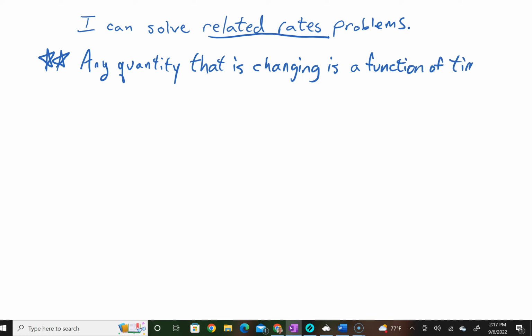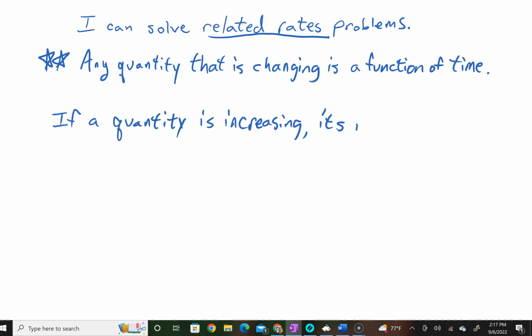So very often we think of functions of x, but we're really going to latch on to this idea that no matter what we're looking at in some of these problems, if our quantity is getting larger or smaller, it's a function of time. And furthermore, if a quantity is increasing, its related rate is positive.